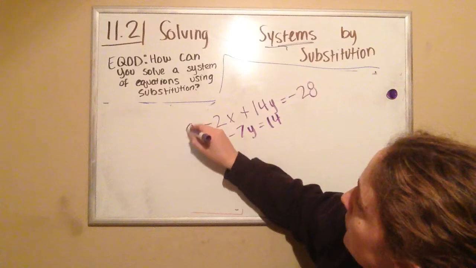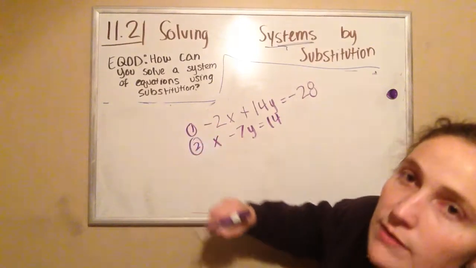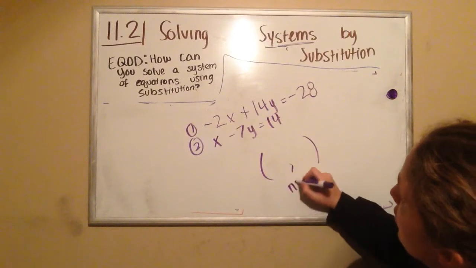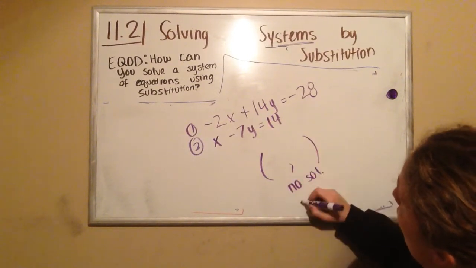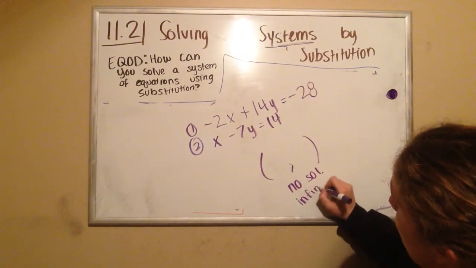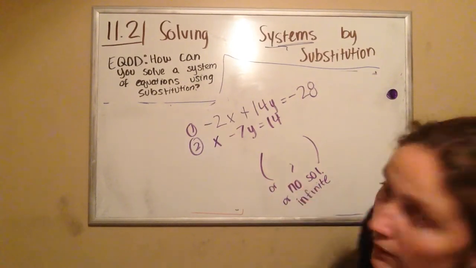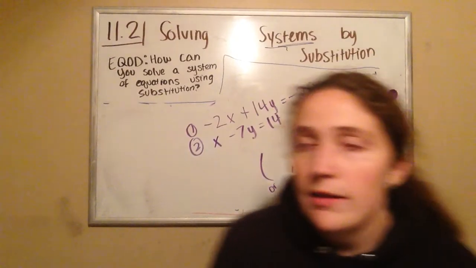So you got equation 1, equation 2. Give me a solution. So either a coordinate pair, or no solution, or infinite. These are what the answers could look like. Alright, that's it for 11.2.